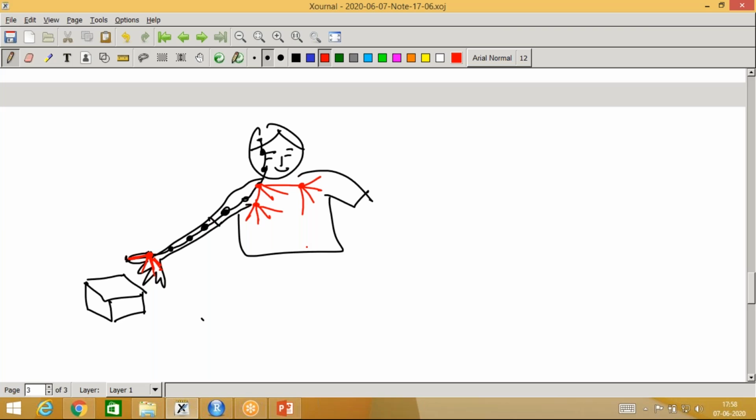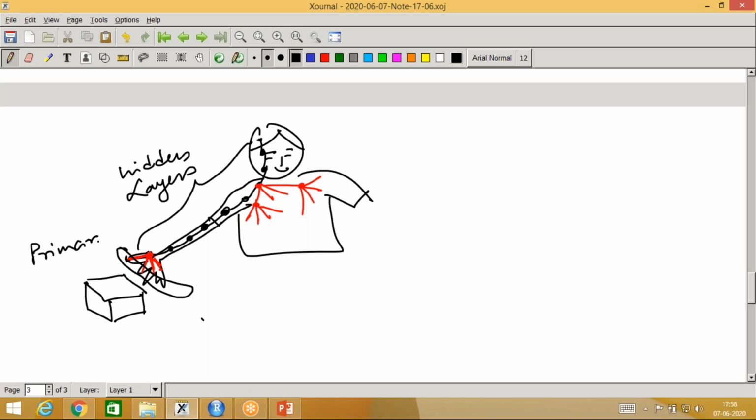In a normal condition, we have absolutely no idea how many neurons there are. There are millions of neurons between your hand and your head. These are all called hidden layers. This is your primary layer, the first layer, which directly gets connected with the object, the stimuli. And this is your terminal layer, basically your head or spinal cord.